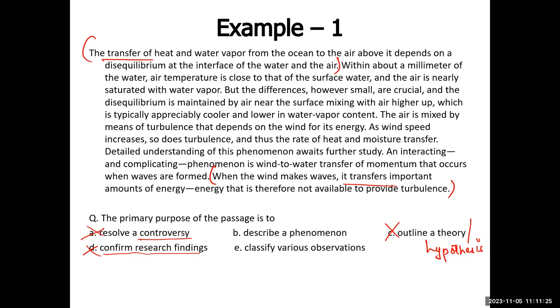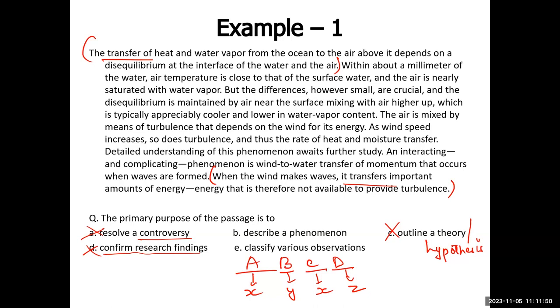Is he classifying various observations? That means he made 4 different observations, A, B, C, D. He's saying number A belongs to the category X, number B belongs to the category Y, number C belongs to the category X, number D belongs to the category Z. Is that what he's doing when you read these two lines?